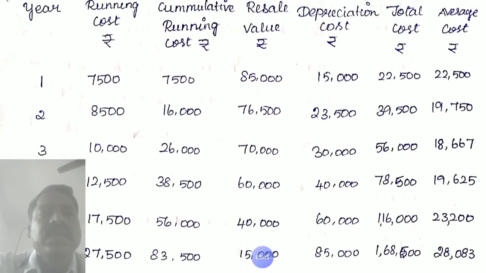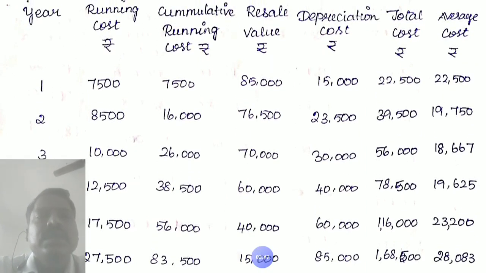Second year running cost is 8,500. Cumulative running cost is the first year running cost plus the second year running cost, 7,500 plus 8,500 equal 16,000. Resale value 76,500 and the depreciation cost 23,500.